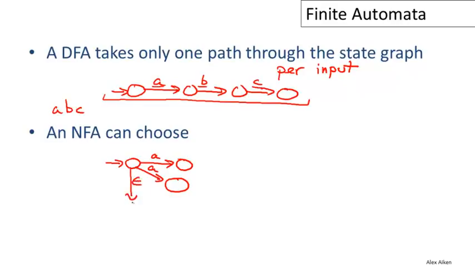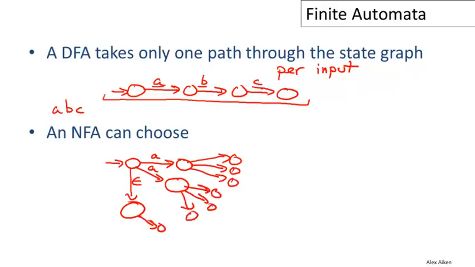And again, there might also be epsilon transitions. And so what happens with non-deterministic automata is that in general, as they execute on the input, they could wind up in any number of different states. Okay? And the rule with a non-deterministic automaton about when it accepts is that it accepts if any path accepts.